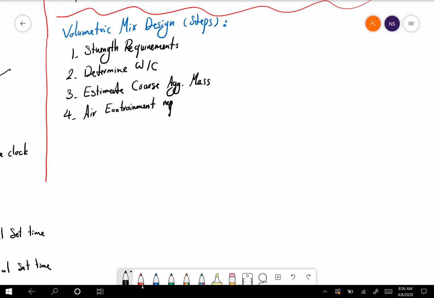For example, if you're building a concrete pavement, there is a different level of air void requirement compared to a slab or structural component. Then the workability needs. Workability is basically how workable or how fluid the fresh concrete is. So you need to know that.